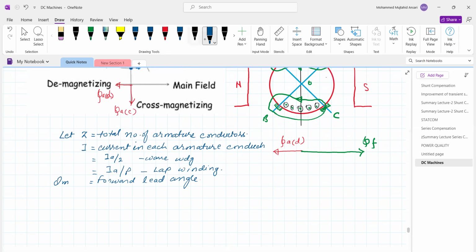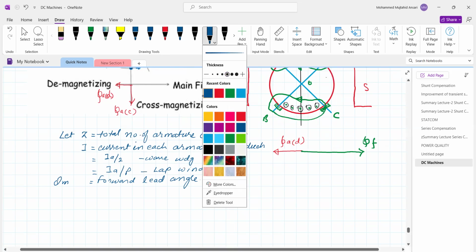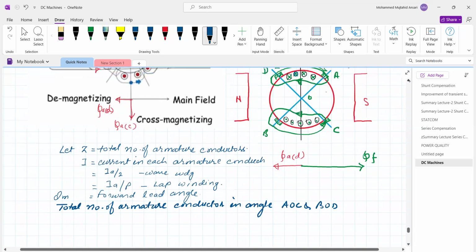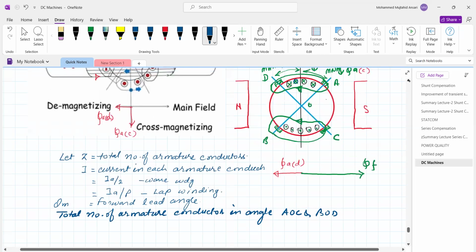Now the total number of armature conductors in angle AOC and BOD. See, AOD, sorry, AOC and BOD.